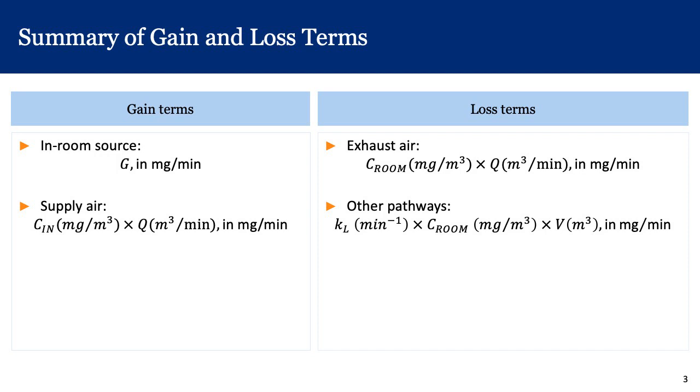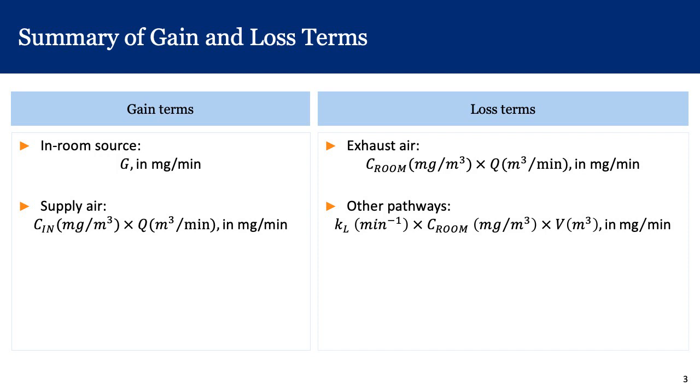There are other mechanisms also that remove contaminant. These include phenomena such as adsorption of the contaminant molecules onto the walls and other surfaces, for example, carpets and furniture. And there could be chemical reactions that remove the contaminant. And in the case of particles, there could be mechanisms such as gravitational settling that also remove the contaminant from the room air.